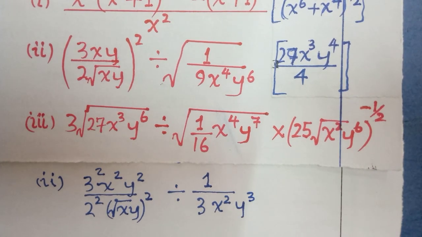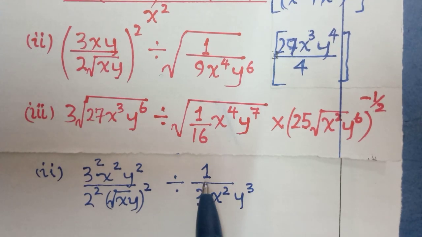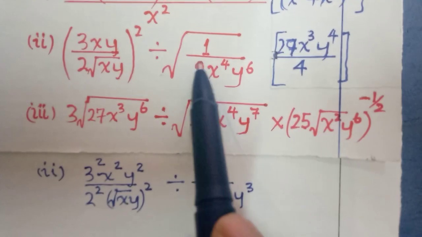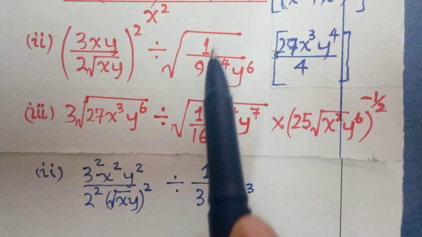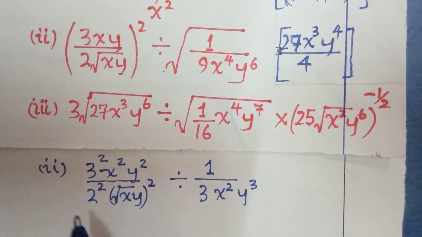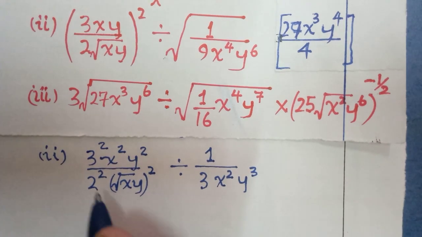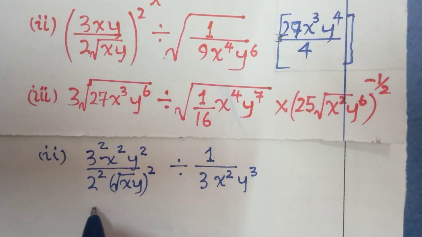Guys, I have used a shortcut, but I hope you understand. Because actually I could put square root of 1, square root of 9 like that. But instead of that, I have done directly. So from there, guys, we come here and square now 3. That is going to be 9. Then x squared.